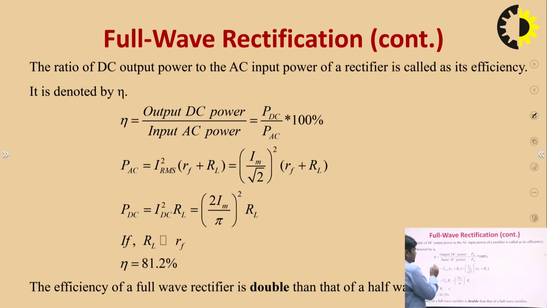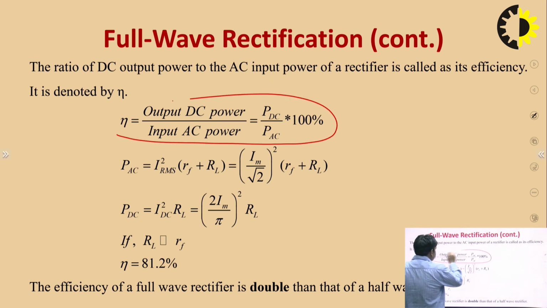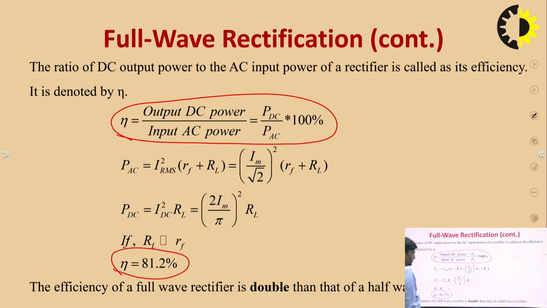So rectification efficiency is calculated by PDC upon PAC. We see that the rectification efficiency is 2 times, because 2 diodes or 4 diodes appear. That means the whole cycle is rectified. So the efficiency of the full wave bridge rectifier or center tap rectifier is 81.2%, which is double that of the half wave rectifier circuit.